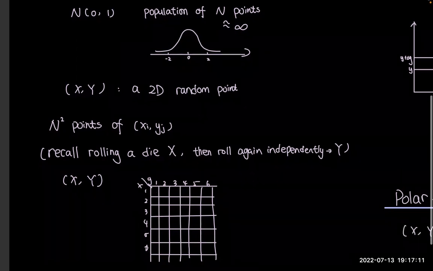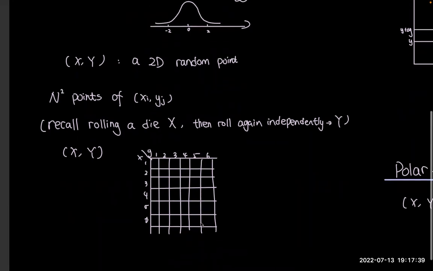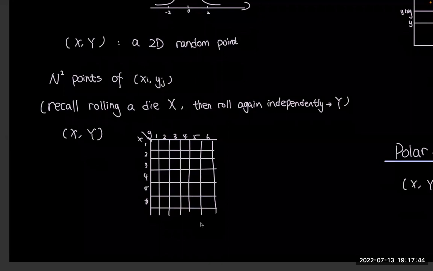We have 36 pairs. Independence here means that all the 36 pairs are equally likely. If you roll a fair die once, all the 6 numbers are equally likely. But if you roll the die twice independently and get 2 numbers, independence means that all the 36 pairs are equally likely. So this is a notion of independence under this equally likely sampling.